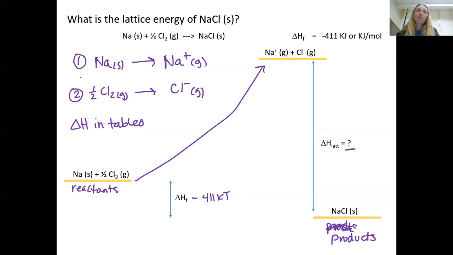First step, how do I get sodium solid into sodium gas? Well, I know that I can get sodium solid into a sodium gas. I take sodium solid, and this would take a ton of energy.